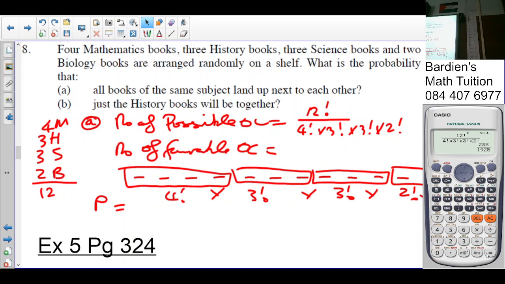I don't think that is right. Let's check. This is number 8. Mathematics, 3 science and 2.